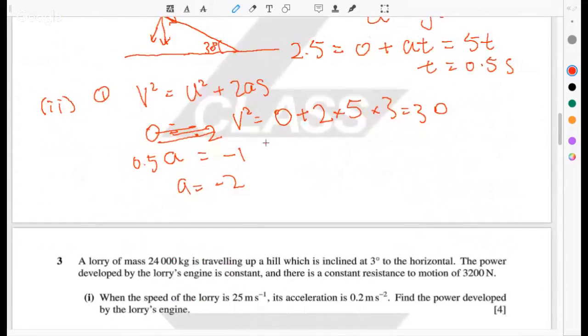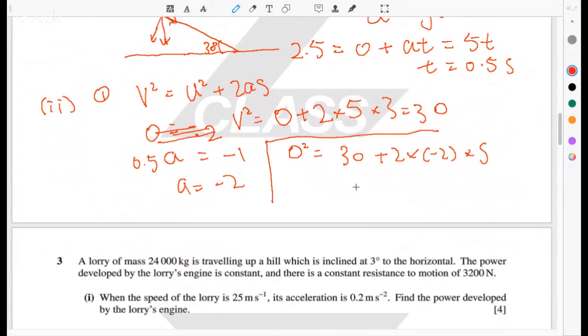And now we use the same formula again, where we have 0 squared, the final velocity when the particle comes to rest, is equal to 30, which is u squared, plus 2 times -2, which is the acceleration, times s, and that will give you s equals 7.5 meters.